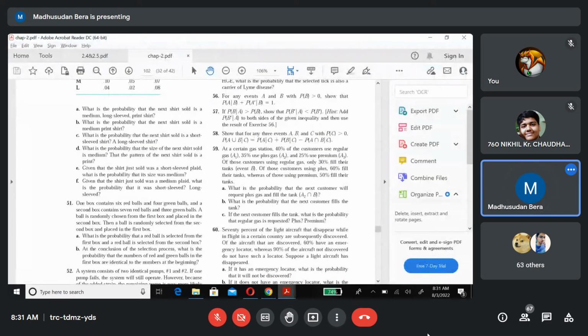Now, of those customers using regular gas, only 30% fill their tanks.